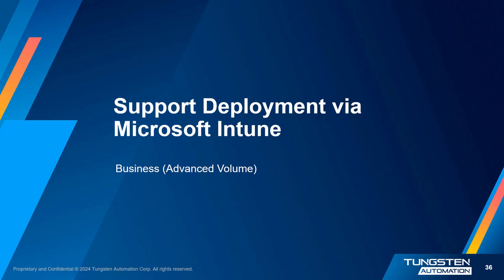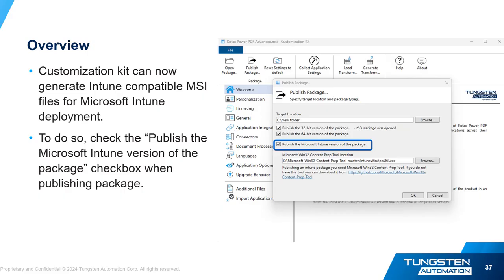For Power PDF Business Edition, which is designed for the enterprise and supports mass deployment options, we now support deployment via Microsoft Intune. Microsoft Intune is a cloud-based service for application management. It allows IT administrators to enforce security policy, manage apps, and ensure device compliance.